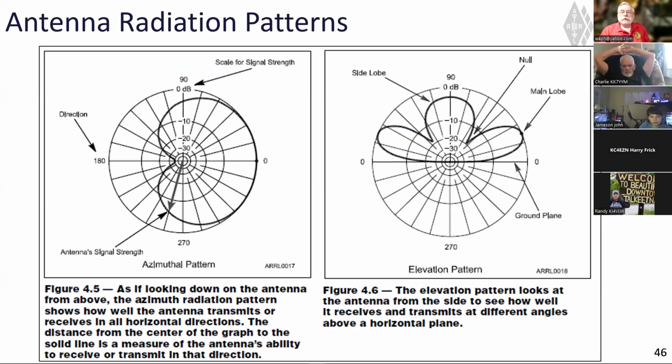These are radiation patterns that show the directions of signal strength from an antenna. And the azimuthal pattern is your horizontal, and the elevation pattern is your vertical.